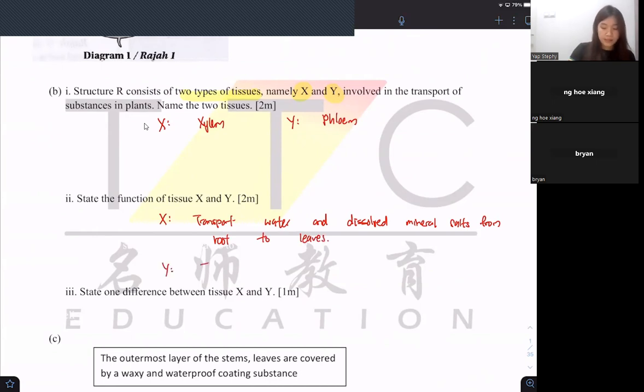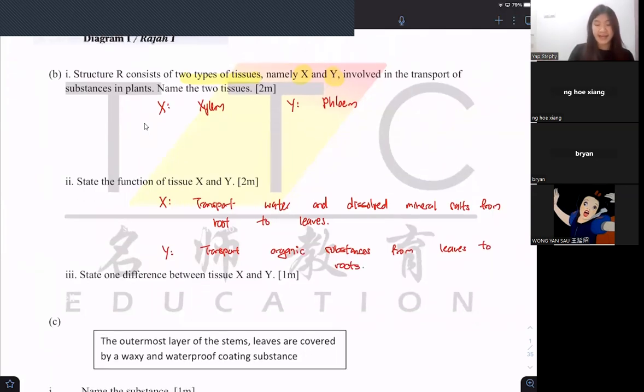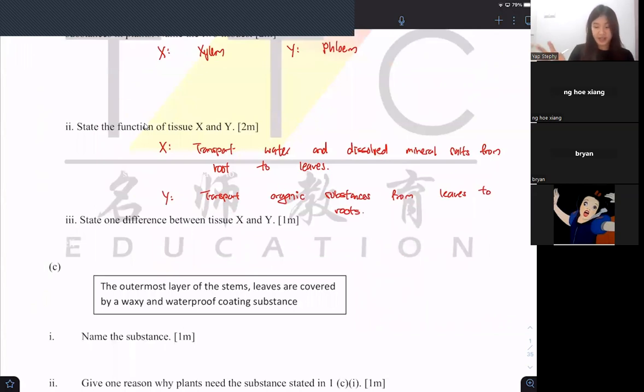But for Y, it will transport organic substance from leaf to root. Yeah, like this. Okay? Any part you all don't understand, let me know.